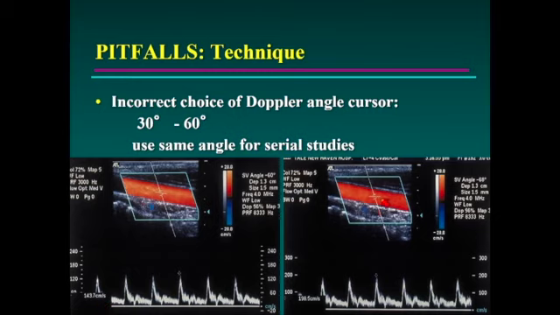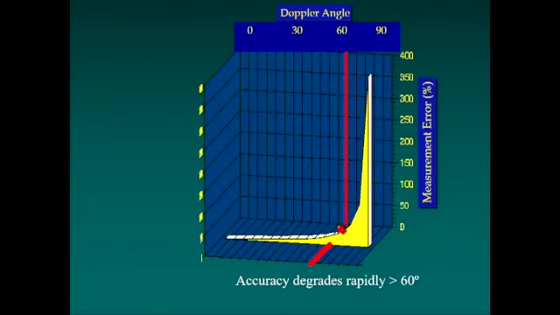Here, this is really not far off. You know, it's not right, but it's not so terribly far off. And you can see that it's nearly 200 centimeters per second. So even relatively small maladjustments of the Doppler angle can lead to relatively large changes in the measured velocity.